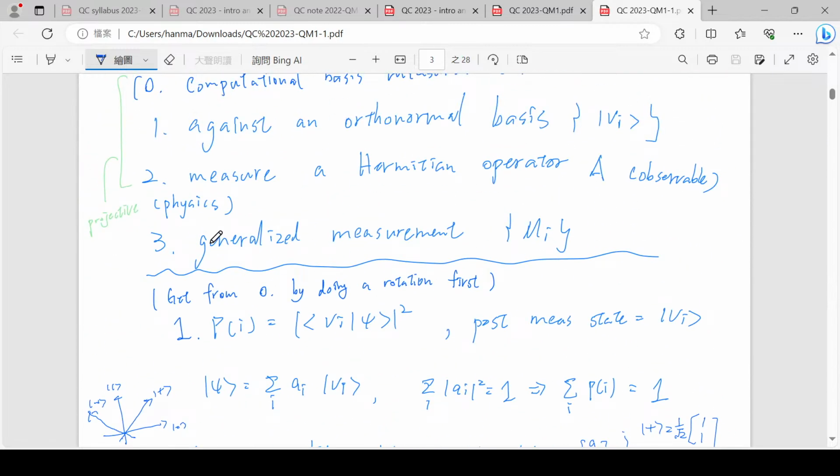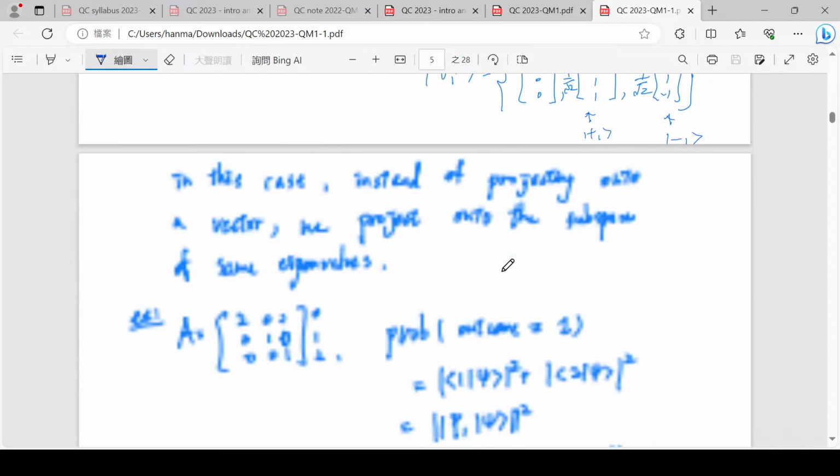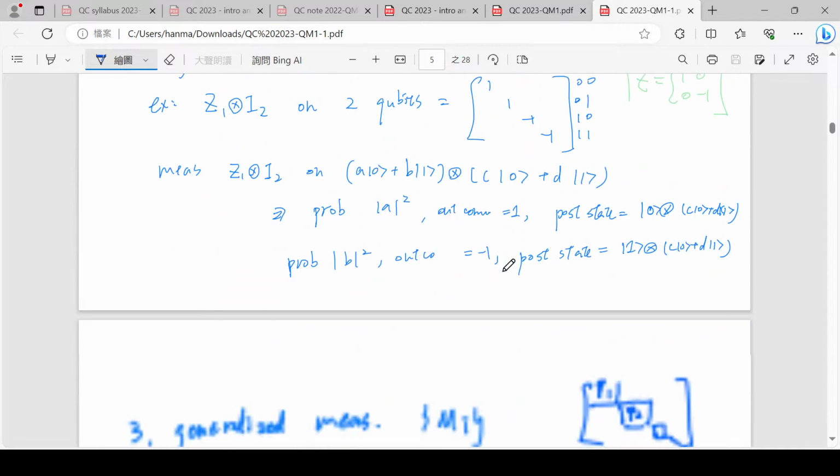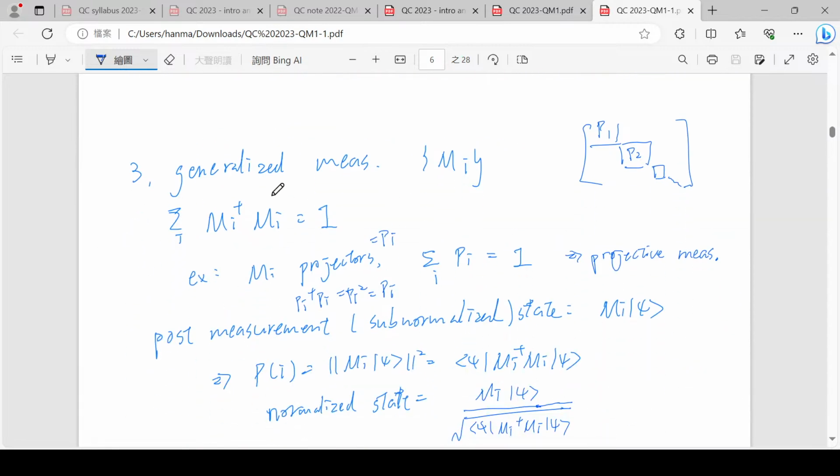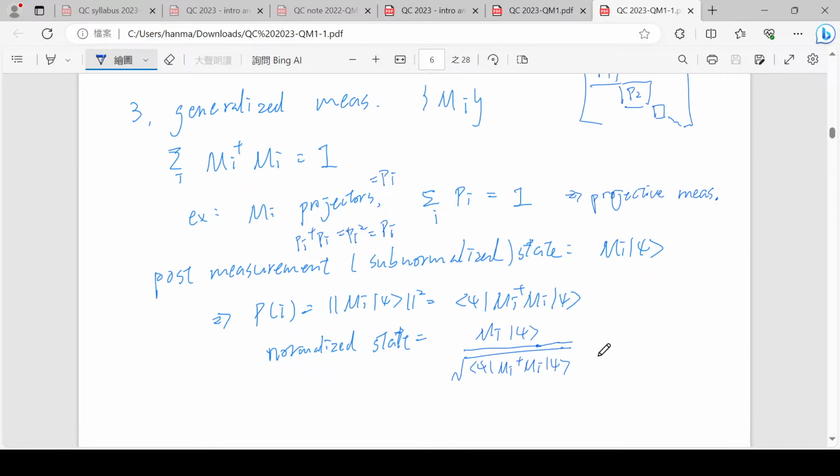Finally, there is a generalized measurement, defined by a set of matrices M_i that satisfy this completeness relation: the sum over i of M_i dagger M_i equals the identity. This guarantees that your measurement probabilities sum to 1. The post-measurement state you think of as M_i times phi, and the probability of getting this is just the norm squared of this thing.